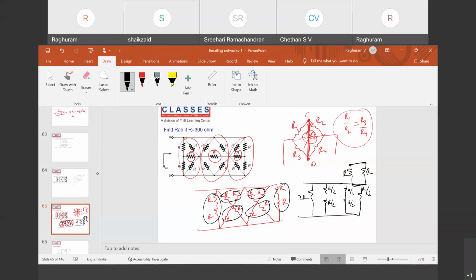This is 2R. So 2R and 2R are in parallel, it's R again. So R by 2 series R by 2 series R. Three equal resistances are in parallel. What is the equivalent resistance? It is R by 3. R is given as 300 ohms, so RAB is 100 ohms.